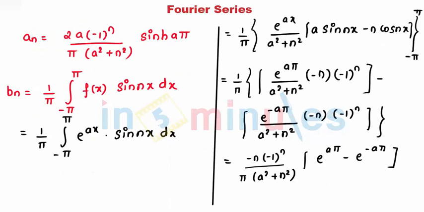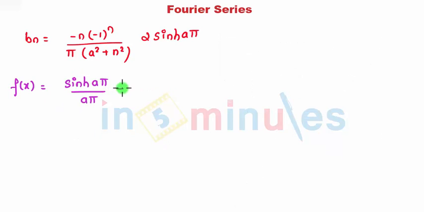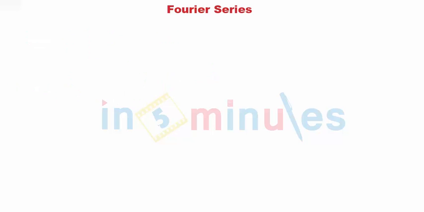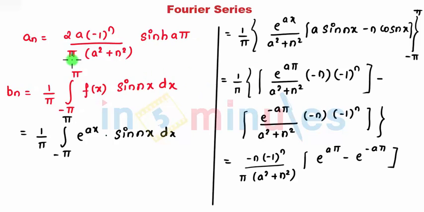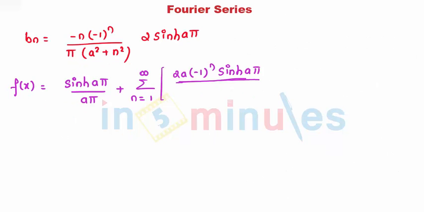I got an as 2a (-1)^n, plus I have a summation n equal to 1 to infinity, and then I can substitute an, that is 2a (-1)^n sinh(aπ), the whole divided by π into a² + n².